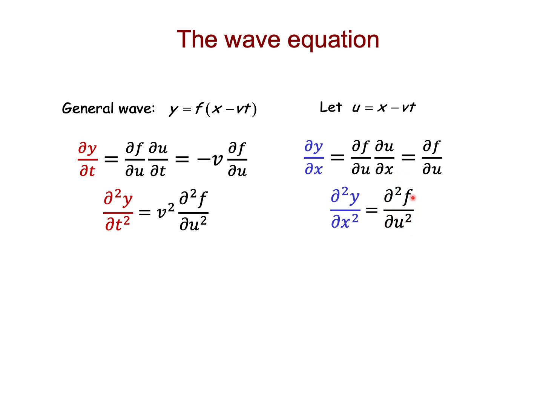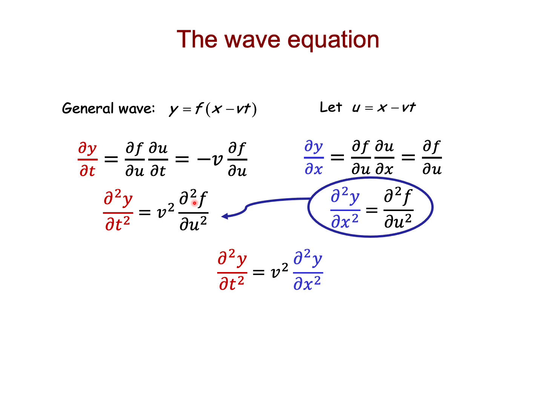And you'll notice that this is the same second derivative shown here, and so we can do a substitution, taking the second derivative of y with respect to x and substituting it into here. We end up getting this differential equation that relates the second derivative of y with respect to time to the second derivative with respect to x of the same function y, multiplied by a constant v squared.